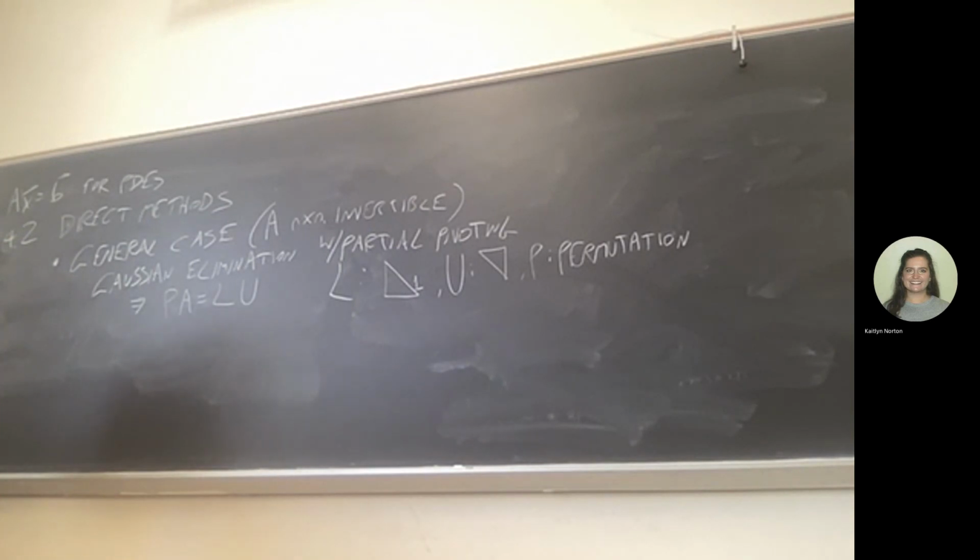And then you use forward substitution and back substitution to solve a system from there. Now, in certain cases, if A is sparse, you can make a statement about how sparse the L and U factors are.